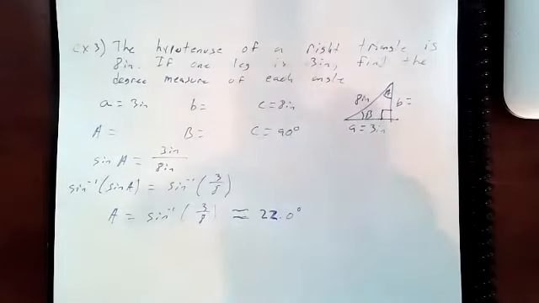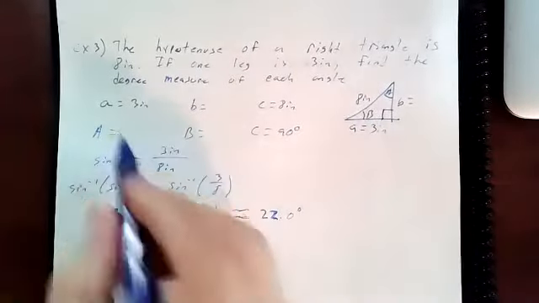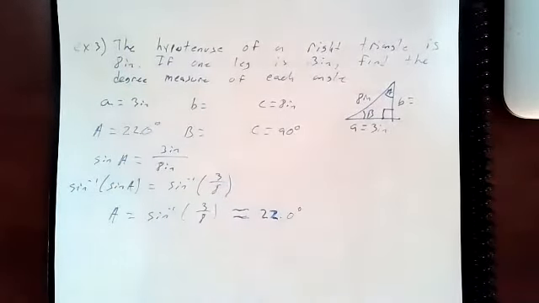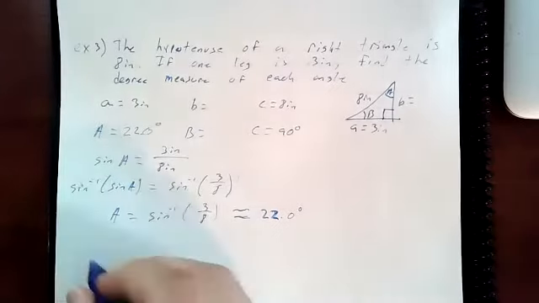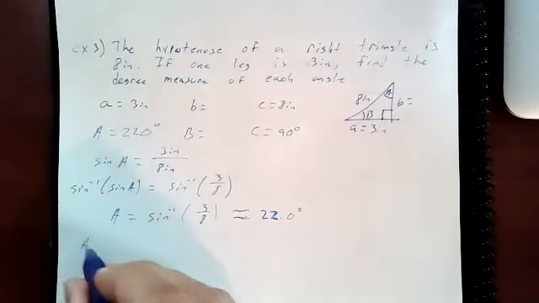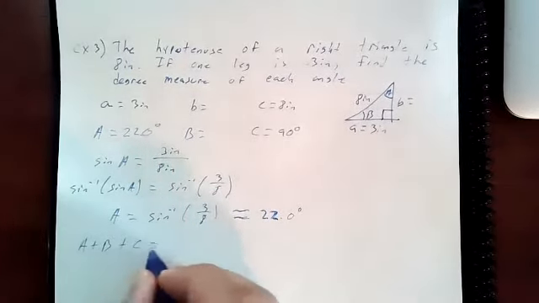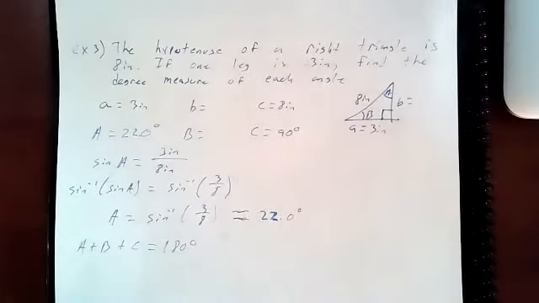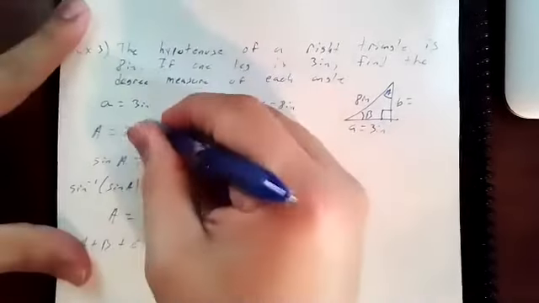All right, so now I have A and I have C, so what is B going to be? Because we know the sum of all the angles has to be 180, correct? So yeah, just subtract the ones you know. It's supposed to be 22.0.